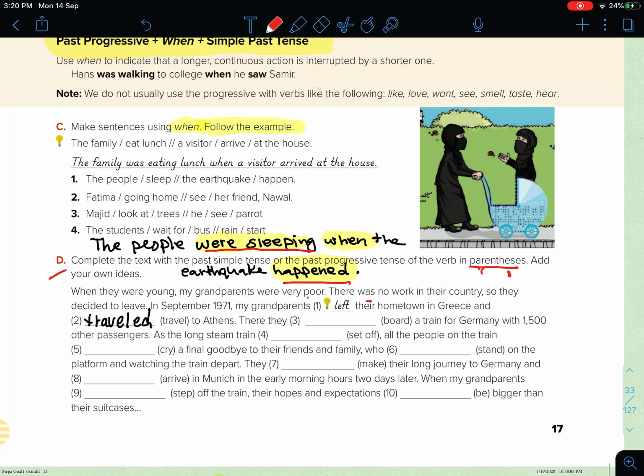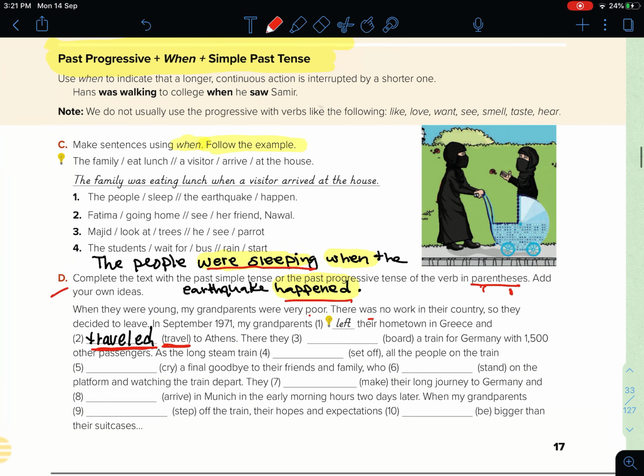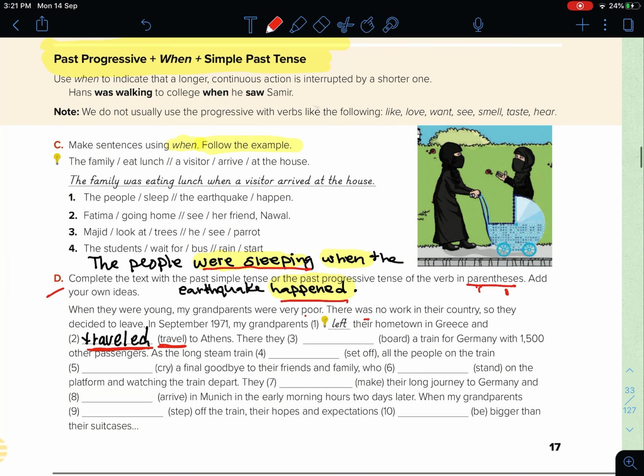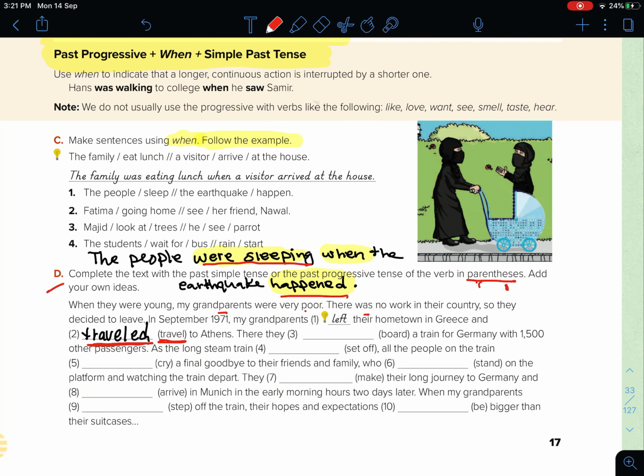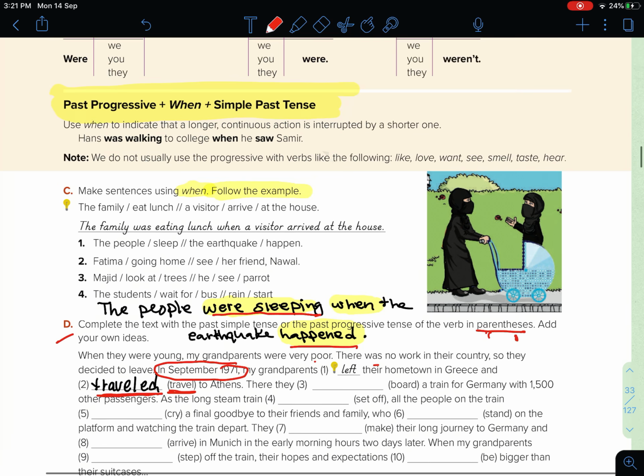There was no work in their country, so they decided to leave. In September 1971, my grandparents left their hometown in Greece and traveled to Athens. Okay, so travel will be traveled في الماضي. خلاص, لأنه happened in the past, حصل في الماضي, and finished. وطبعا عندنا time frame اللي هو in September 1971 as you could see.